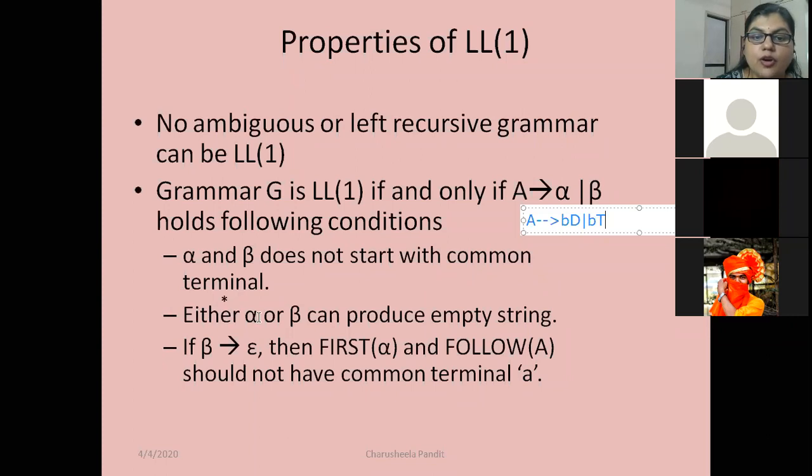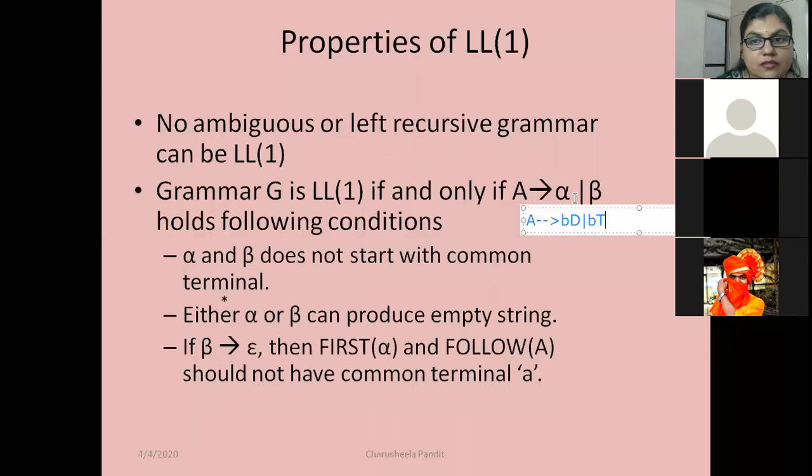Now, either alpha or beta can produce the empty string. Alpha can be epsilon or beta can be epsilon. But if any one of them is epsilon, then they should not share a common symbol in first and follow.